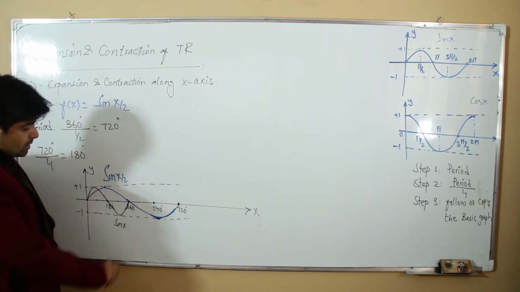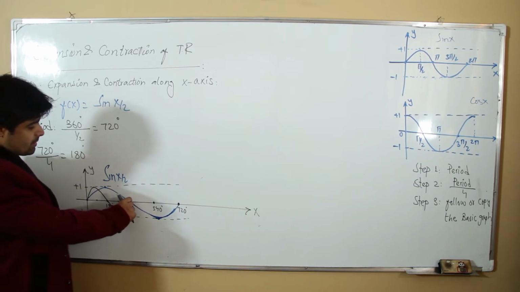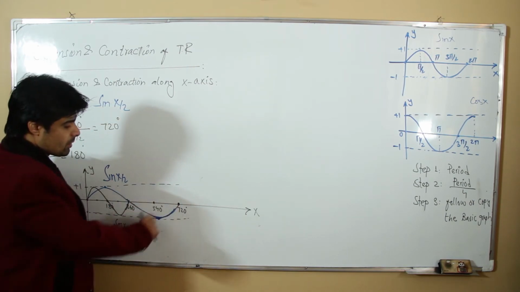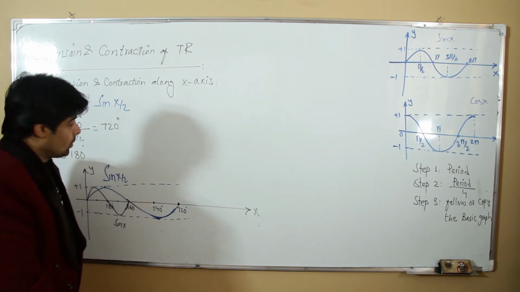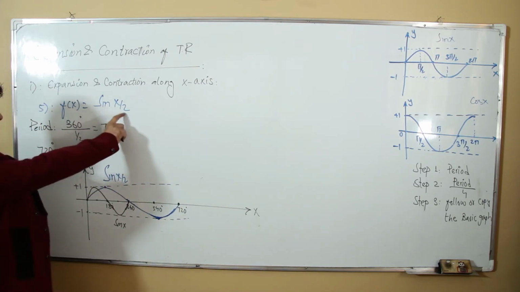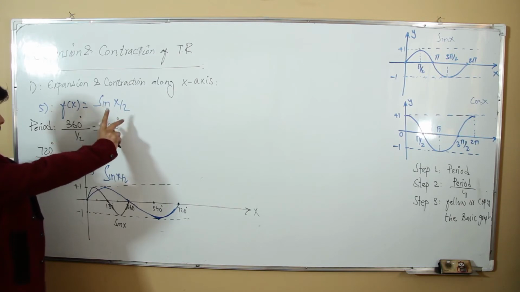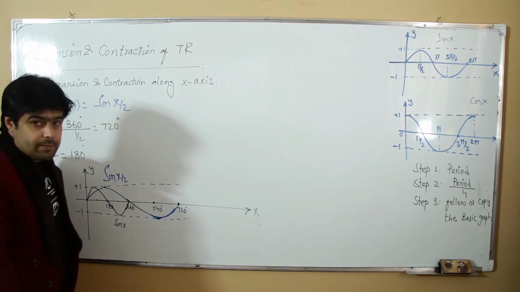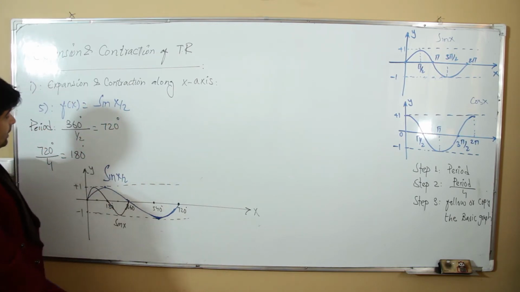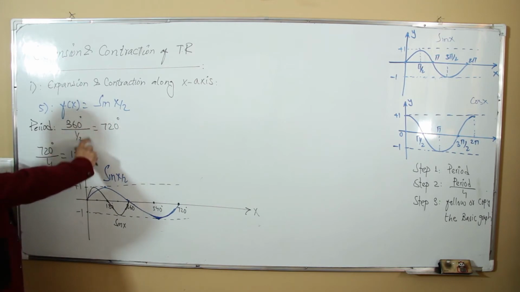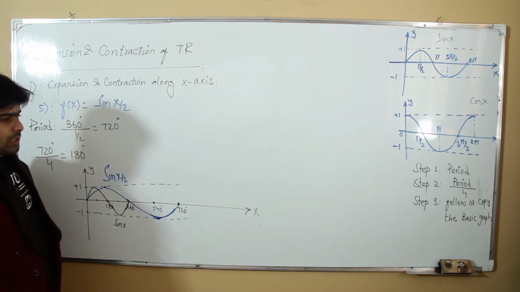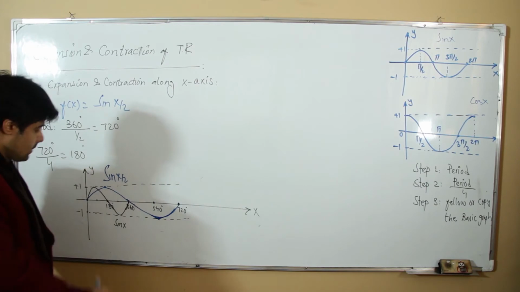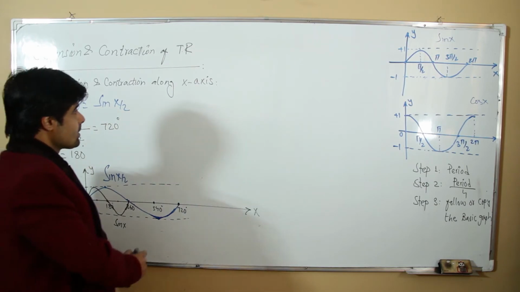It means this is extended up to 720. So if n is smaller than 1, it means between 0 and 1, it is called expansion of the graph. And our period for sine x by 2 is 720. I think you have got it. We will have another example.